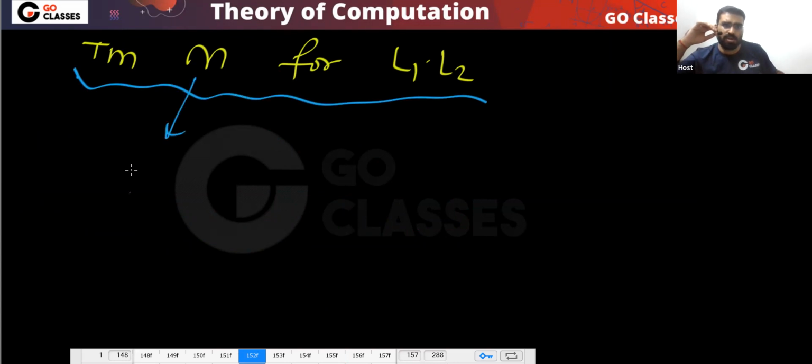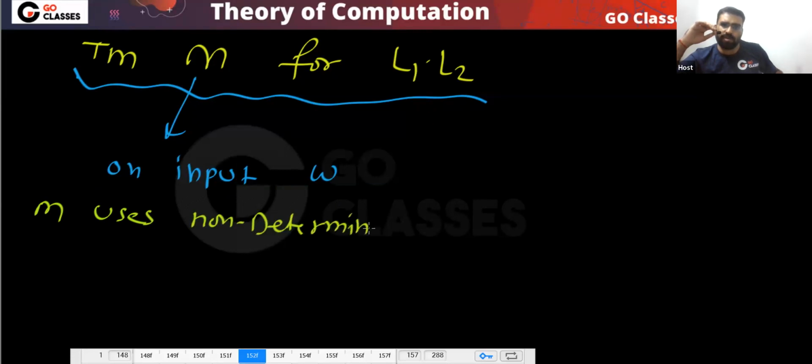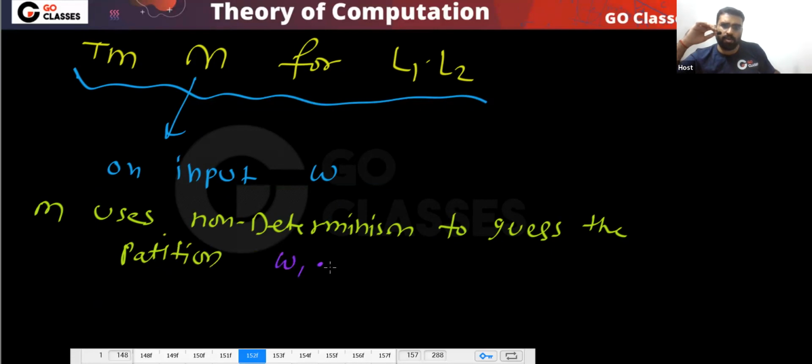What will this Turing machine M do? On input W, M uses non-determinism to guess the partition W = W1.W2, where W1 comes from L1 and W2 comes from L2.